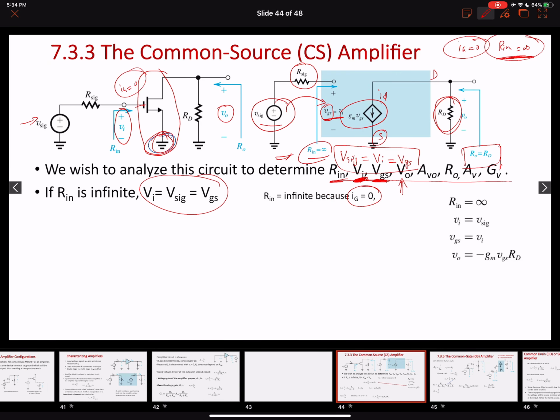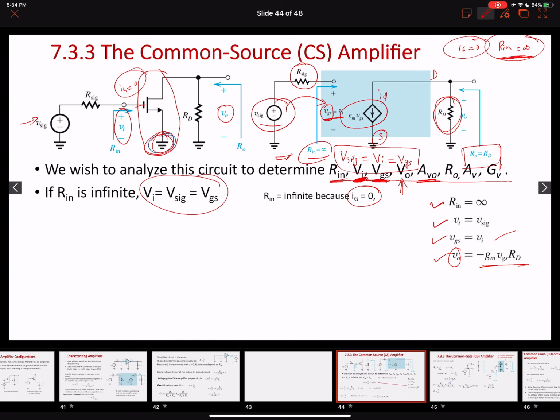Our input resistance is infinite, input voltage is Vsig, VGS equals Vi, and output voltage is minus gm VGS into RD. Once we find this value of V naught, our next step is to find the open circuit voltage gain. Our open circuit voltage gain is when the load resistance is infinite.